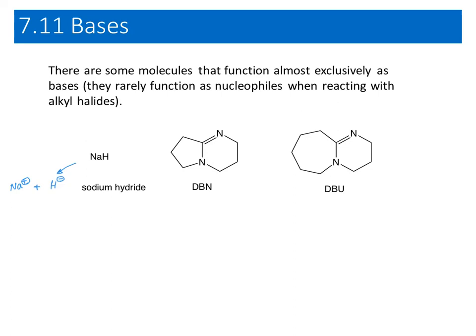We have 2 other molecules. They are a little larger, so they cannot act as a good nucleophile to approach the electrophilic carbon because they are very large. So these 2 molecules, they have 2 nitrogens in their structures, and we have lone pair of electrons on each nitrogen. Now here is the question.